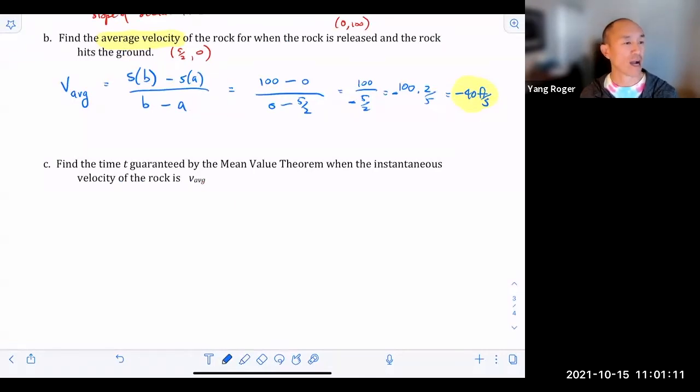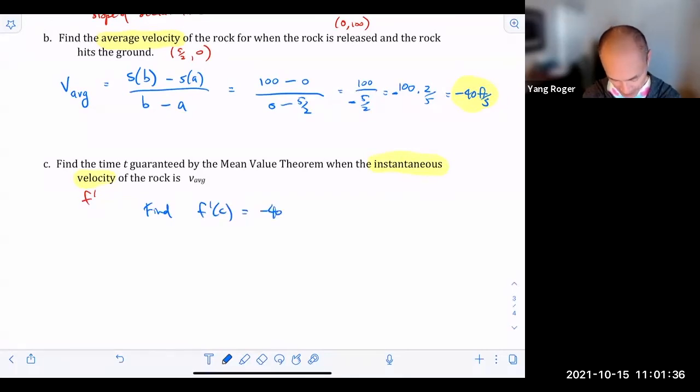So I know what the average velocity is. That's -40. I know how to find the instantaneous velocity. When I see the words instantaneous velocity, I immediately think f prime. So what we want to do is find f prime of c equal to -40.